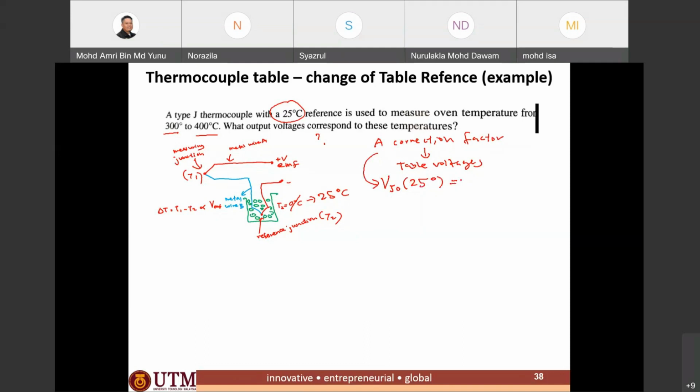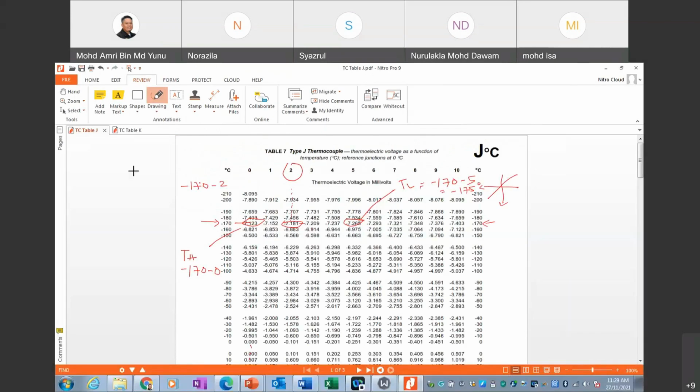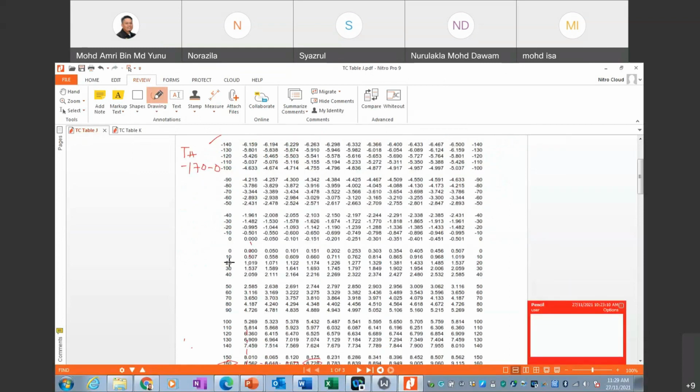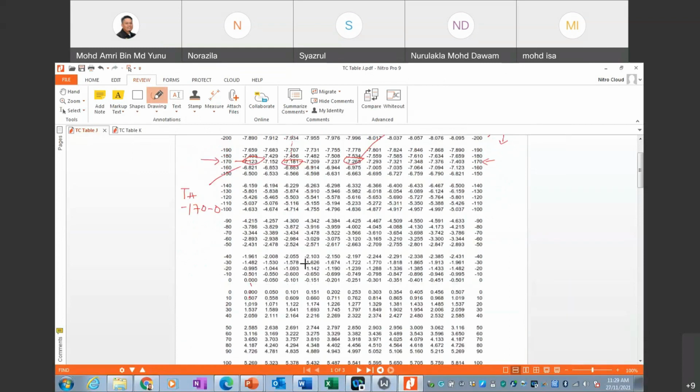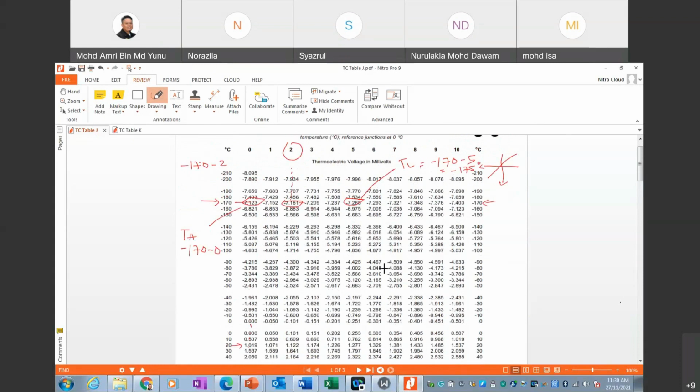We look at the table, Type J, 25. So 20, look at this direction, and 20 plus 5 is the positive label.